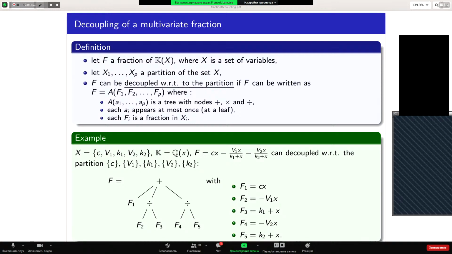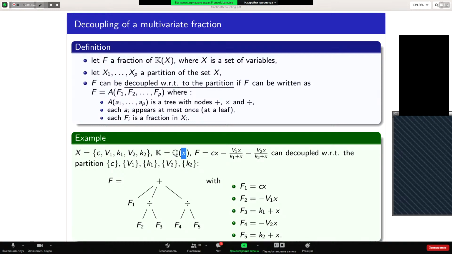And the fractions themselves, f1, f2, f3, f4, and f5, they involve different variables. But on this example, there is a trick, because the variable x is put in the field of coefficients.